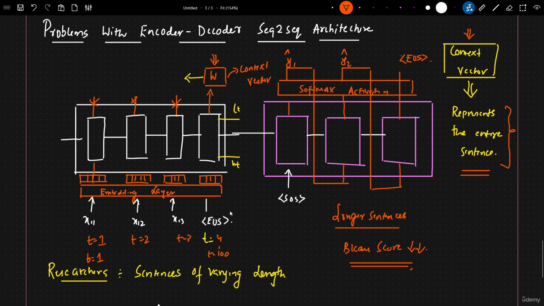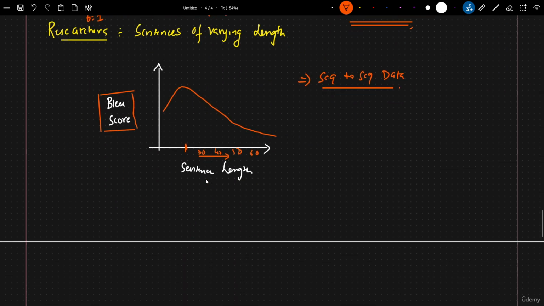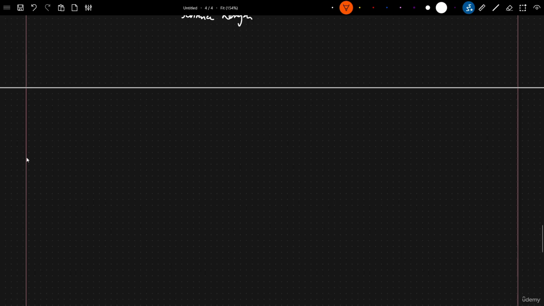So how do we specifically fix this problem? For fixing this problem, we have another amazing mechanism which we will be talking about, which is called the attention mechanism. And this attention mechanism, we will talk about regarding sequence to sequence networks.